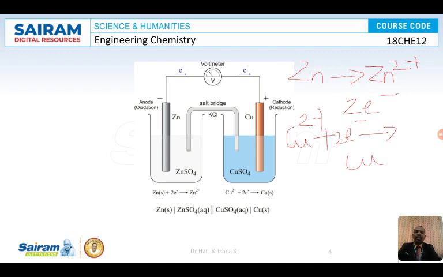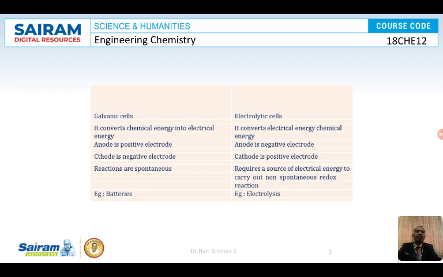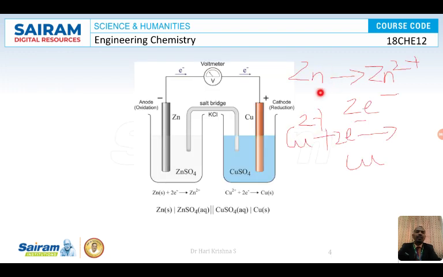So write Zn here, and instead of an arrow mark, put a slash and write ZnSO4 or Zn2+. Here you have Cu2+, so write Cu2+ or the electrolyte here; it is the cathode. Instead of an arrow mark, put a slash and write Cu. You can write the zinc sulfate solution itself or the metal ions whichever it is donating.